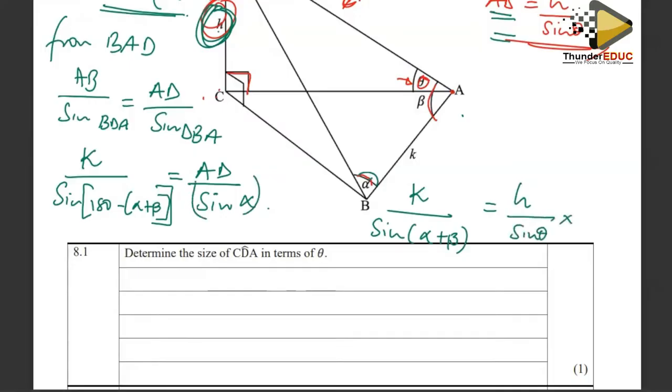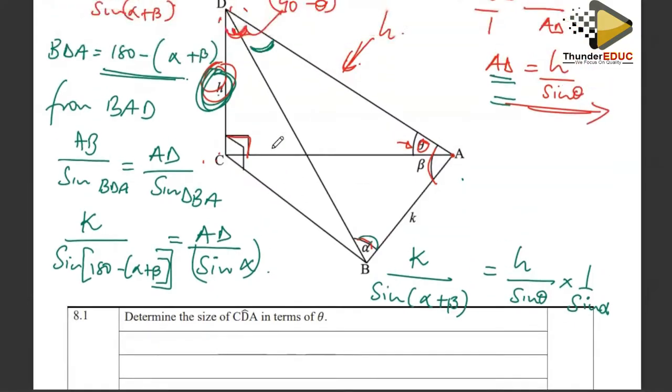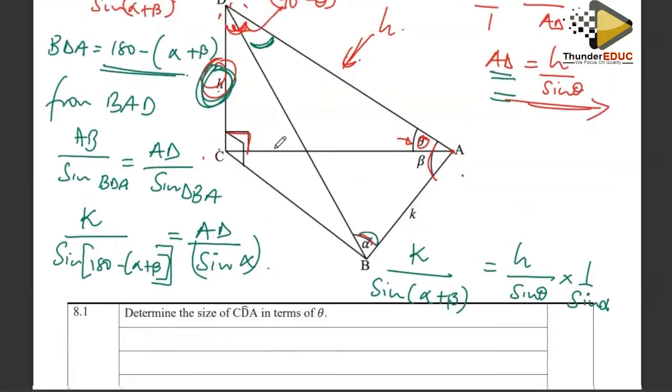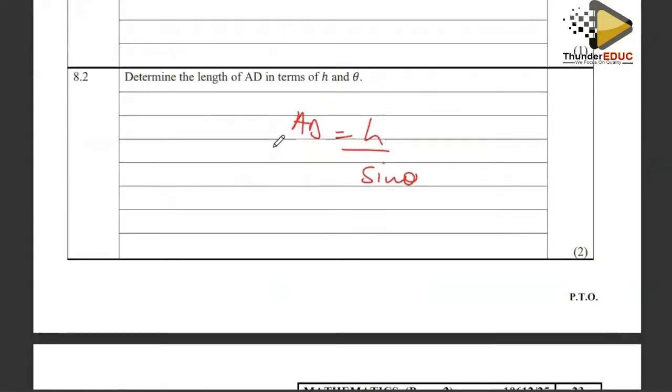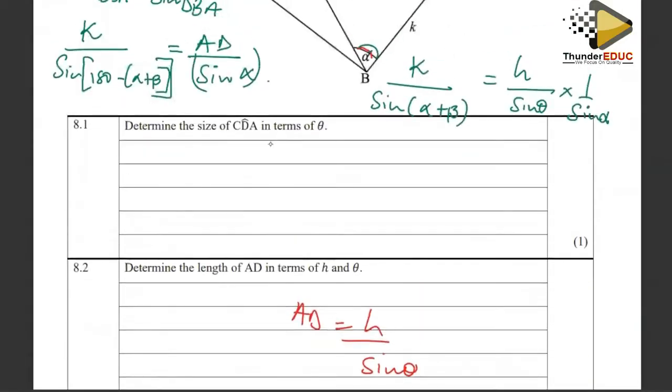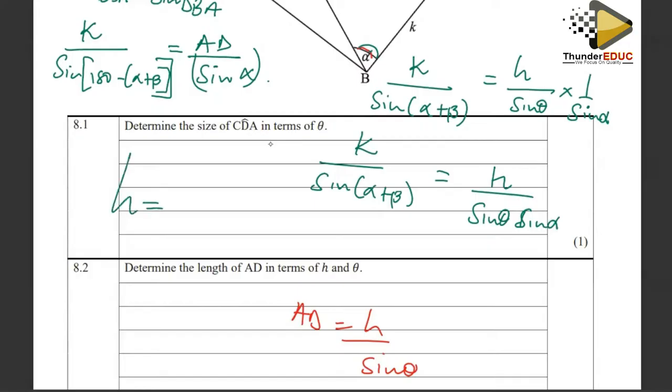Now we are multiplying it by this as well, 1 over sine alpha. Then make h the subject, since we're looking for h. Okay. So cross multiply. k over sine of alpha plus beta is equivalent to h over sine of theta, and then the sine of alpha. When you cross multiply, our h becomes what we were given.